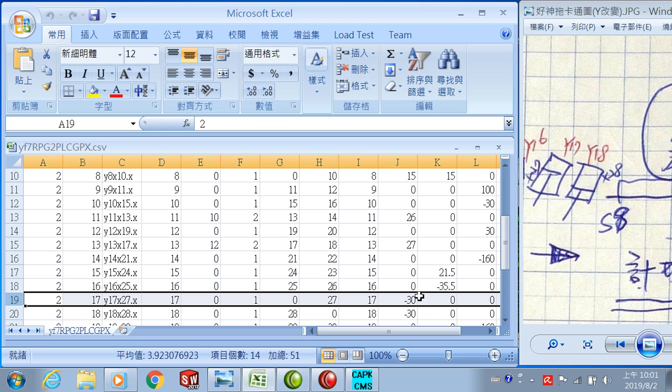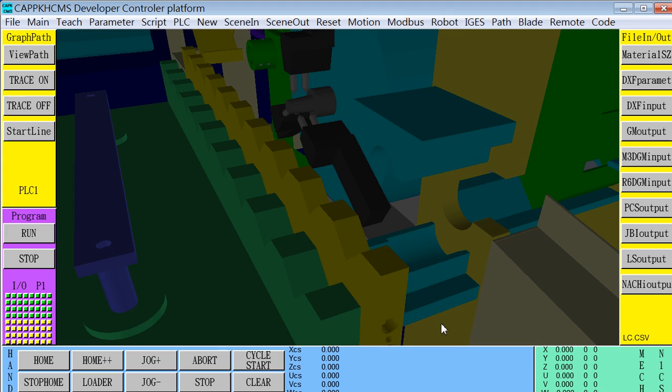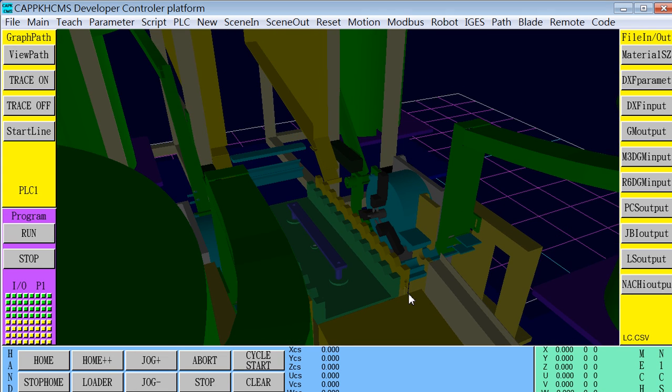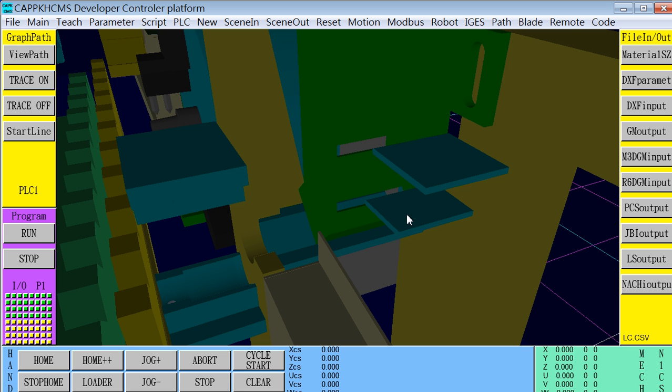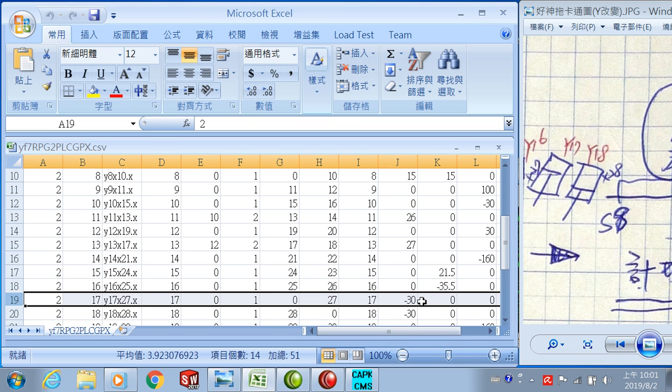Now moving along the S negative direction, 30 millimeters. Okay, let's see Y17. Y17 is this one, moving along that direction, 30 millimeters.